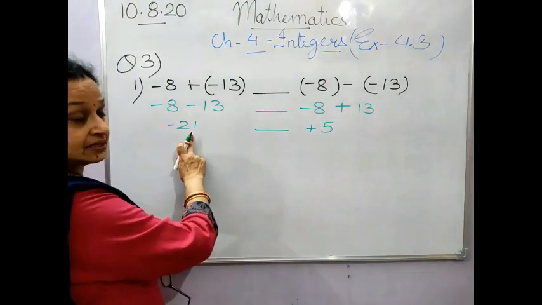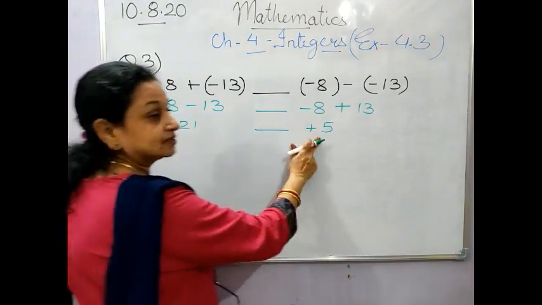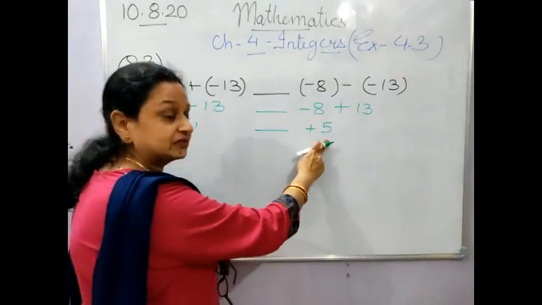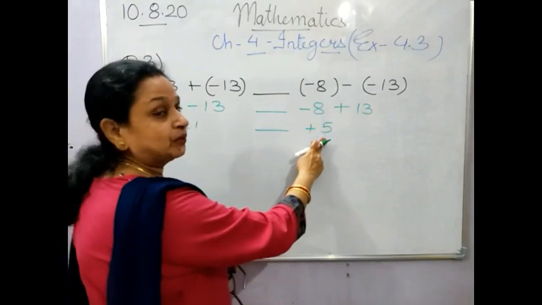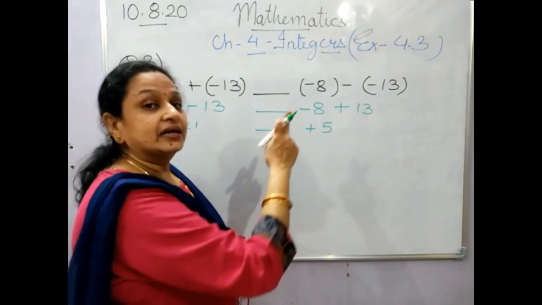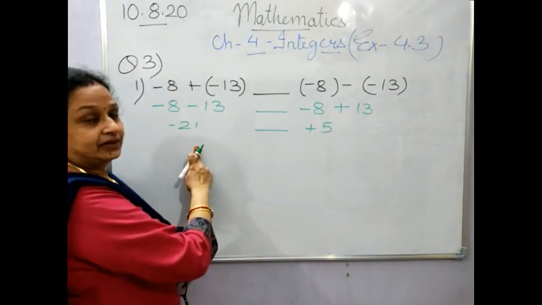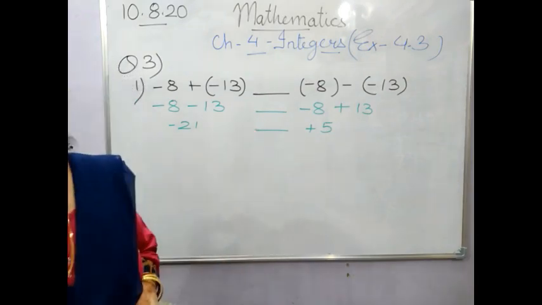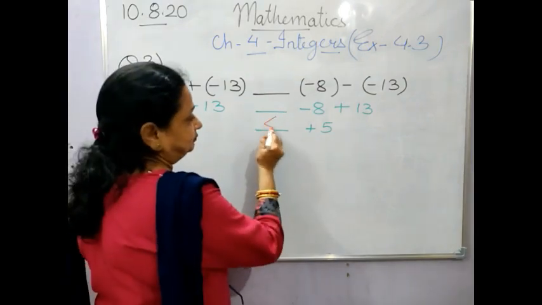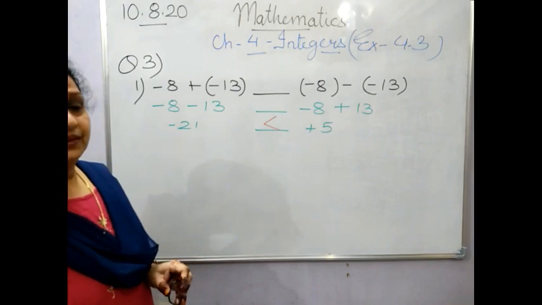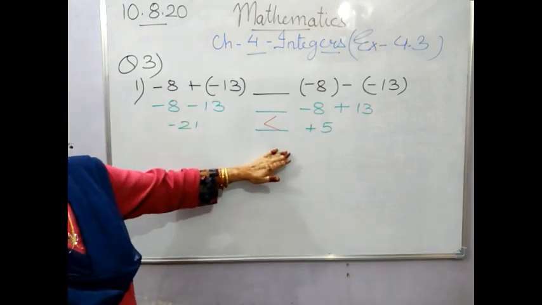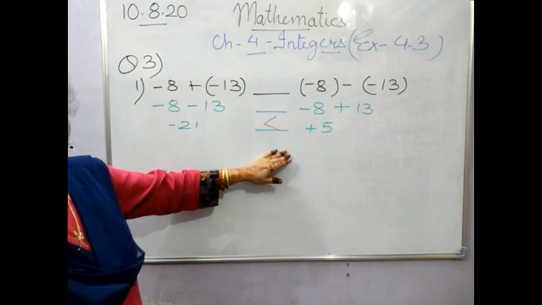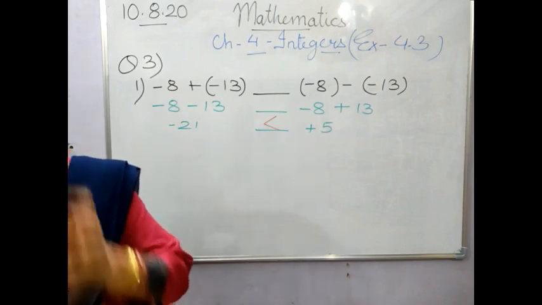Now this is minus 21, this is plus. This is a positive integer, this is a negative integer, and you know all the positive integers are greater than the negative integers, so we will put the sign. This is how you have to do. You have to first solve them and then put the sign. Okay, I will do another one for you.